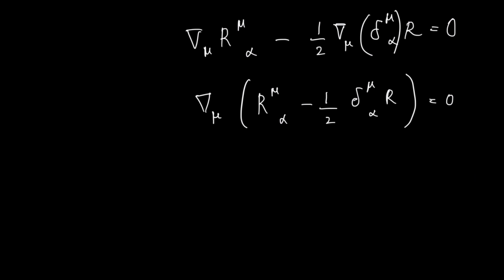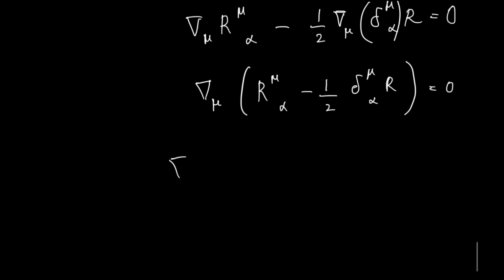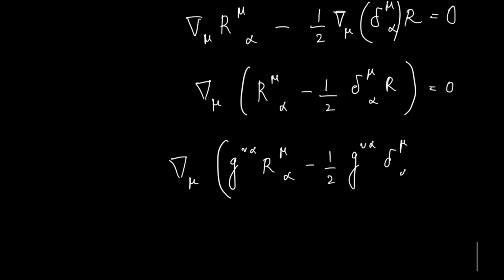Now the entire equation I am going to multiply with g nu alpha. So g nu alpha, minus half g nu alpha mu alpha R is equal to 0.